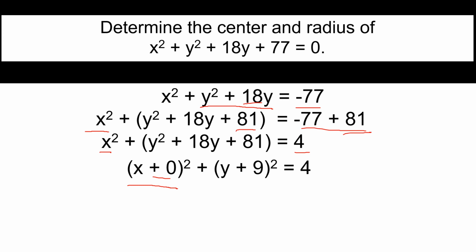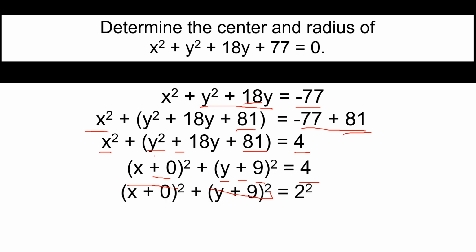Yung next na group naman, yung sa y, we have square root ng y squared is y. Sign ng second term is positive, kaya plus yung sign natin dito. And square root ng last term, square root of 81 is 9. So yung square of a binomial natin dito, we have the quantity of y plus 9 squared is equal to 4.